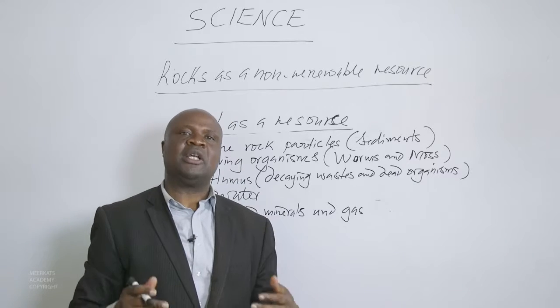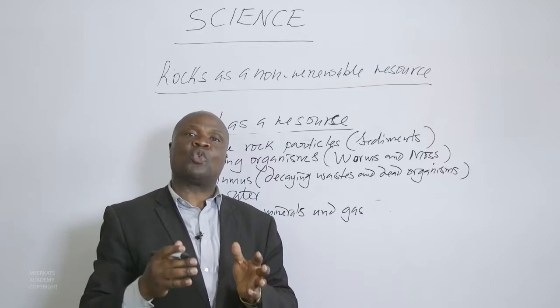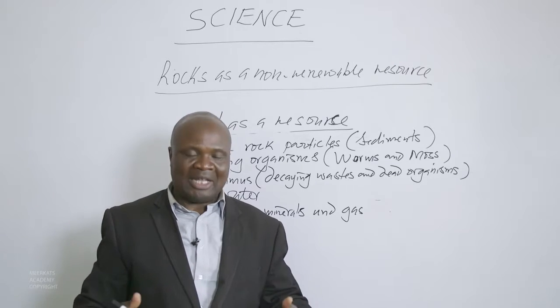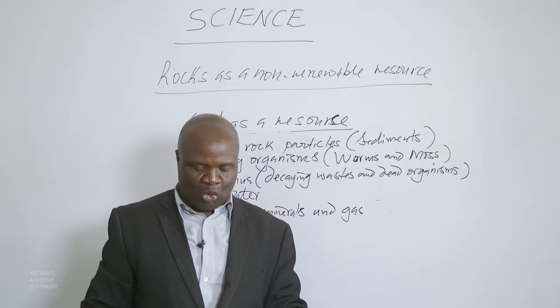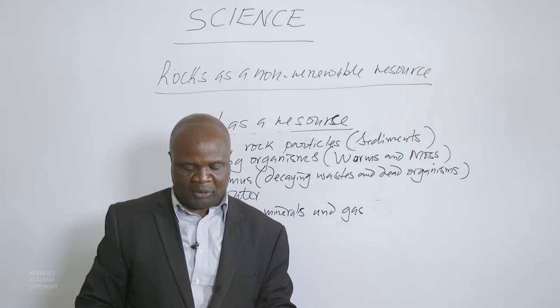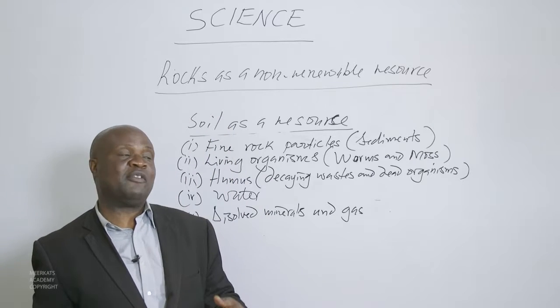So soil is made up of these 5 things. Appropriate soil that can support plants to grow well needs to have fine rocky particles, those are the sediments. It needs to have living organisms.